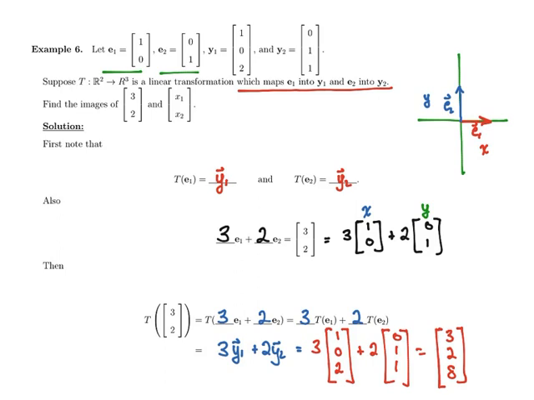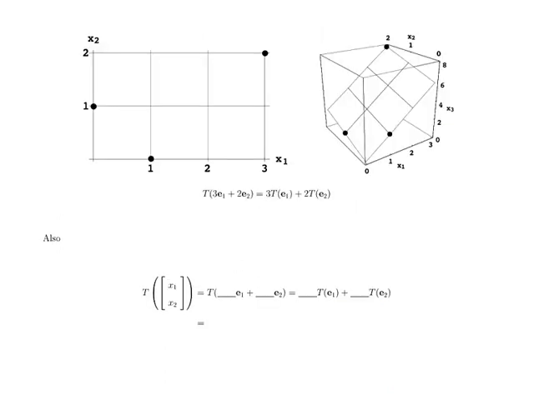Let's do that in general for any vector x1, x2. Before we do that, let's take a look at the picture that we drew before. Here's E1 and here's E2. It's going 1 unit in the x direction, 1 unit in the y direction, or the x2 direction.